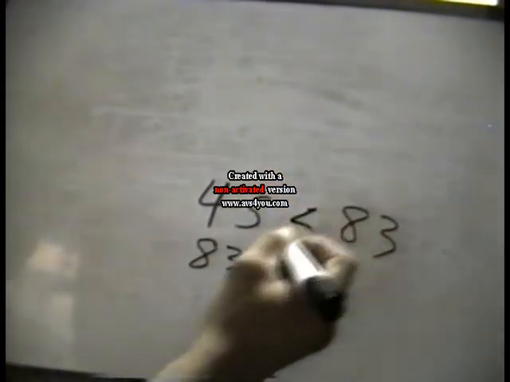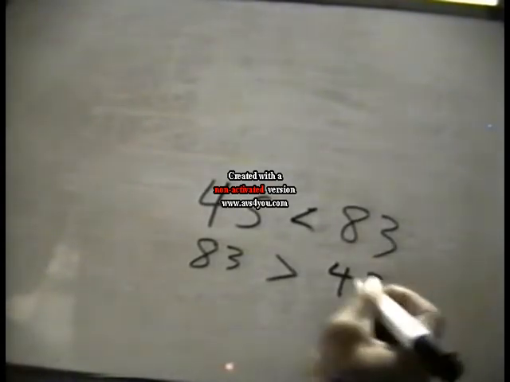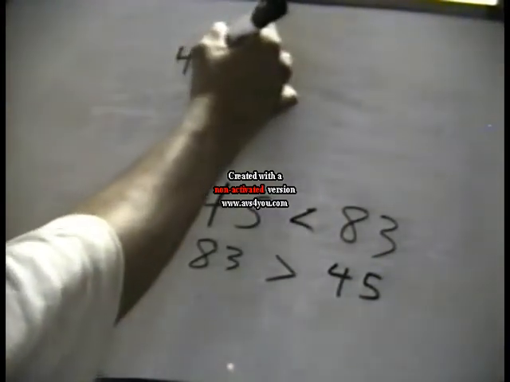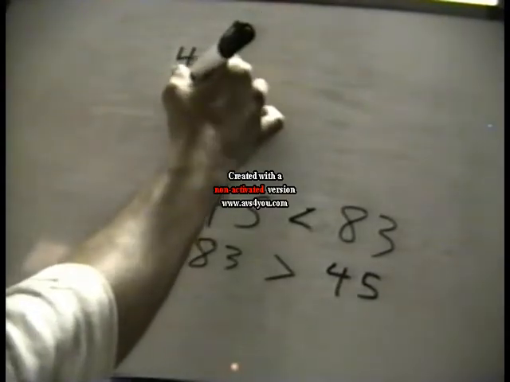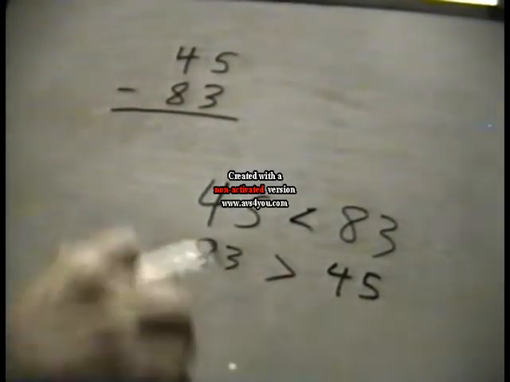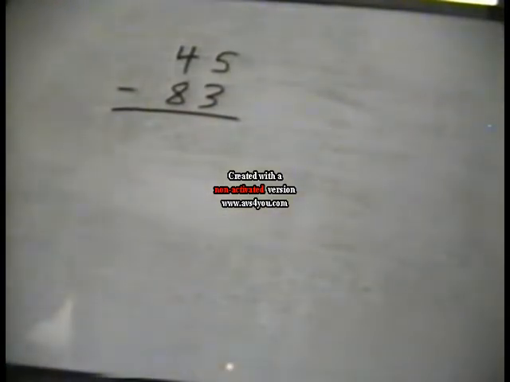And 83 is greater than 45. Okay? So now we're going to subtract 83 from 45. Now how do we do this?